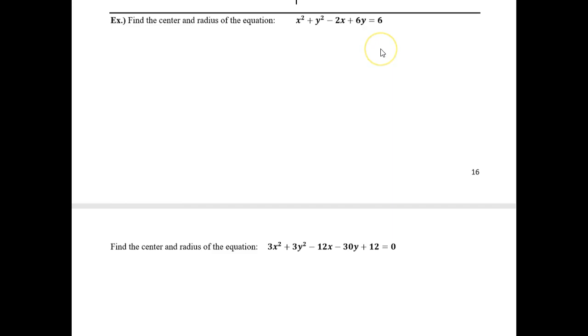We're going to have to complete the square twice. So how do we do that? First thing is any constant needs to be on the right hand side. So that's done. All the variable terms need to be on the left hand side. Then we're going to group our x's and our y's.